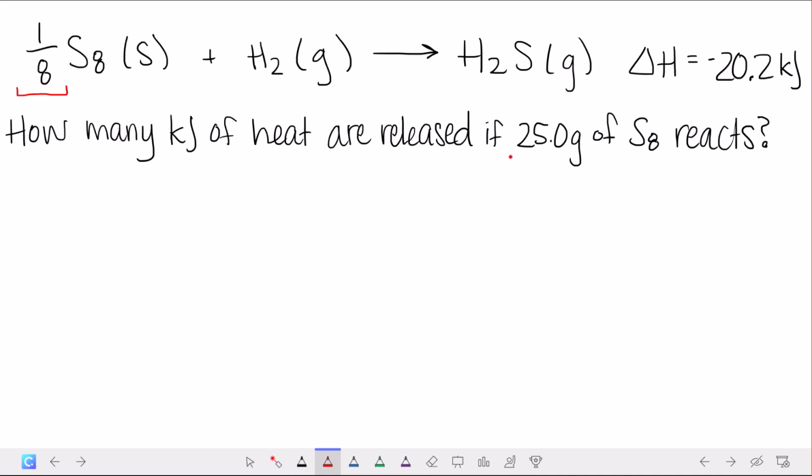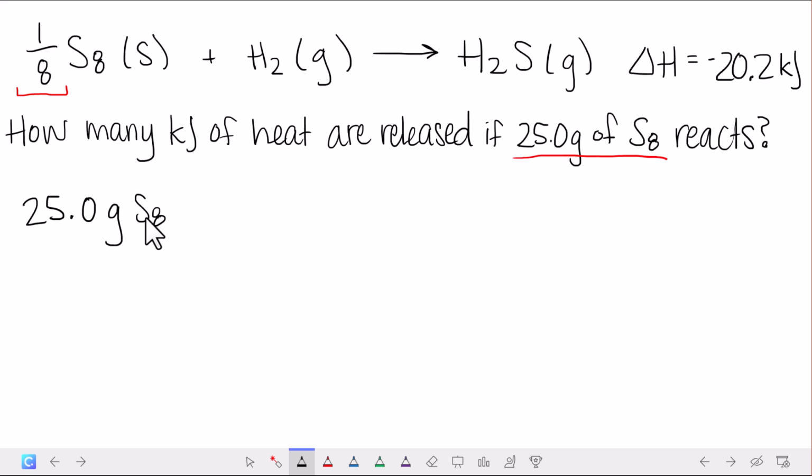So we're going to start with the information that was provided. We have 25 grams of elemental sulfur reacting, so I'm going to write 25 grams of elemental sulfur, S8. This is our most abundant form of sulfur. This is how it occurs naturally, which is a molecule of 8 sulfur atoms.